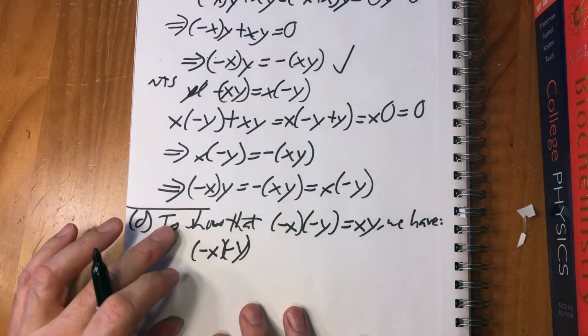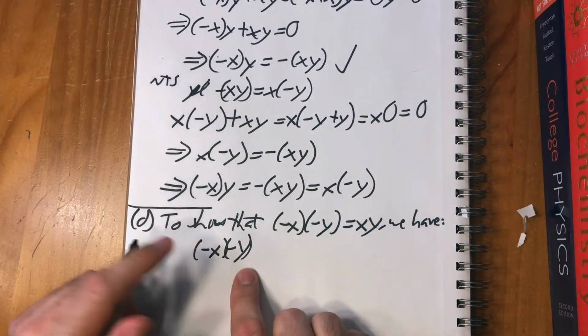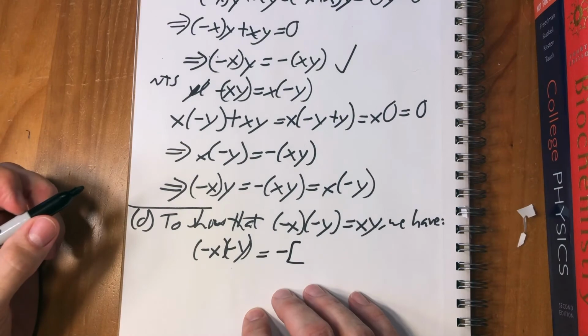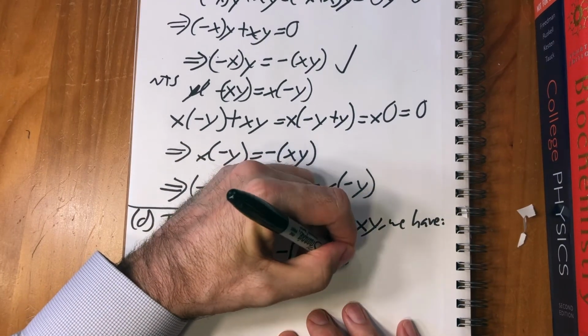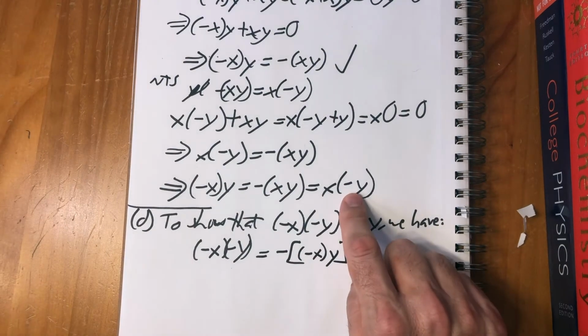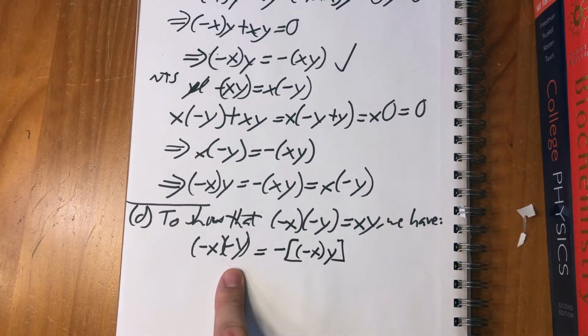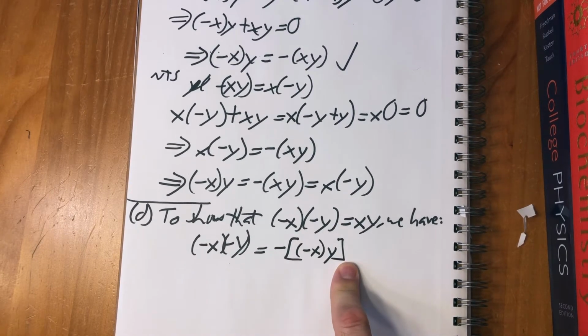So now what we're going to do is we're going to use what we just showed here. So we have that minus x times minus y equals minus x times y, right? If you have a minus, then you can take that minus out. That's what this rule proved. So minus x times minus y equals the minus of the whole thing, minus x times y.